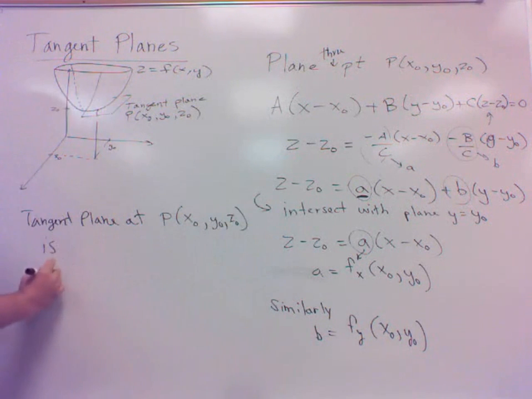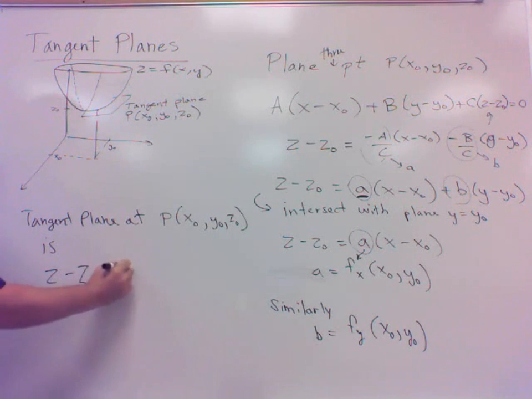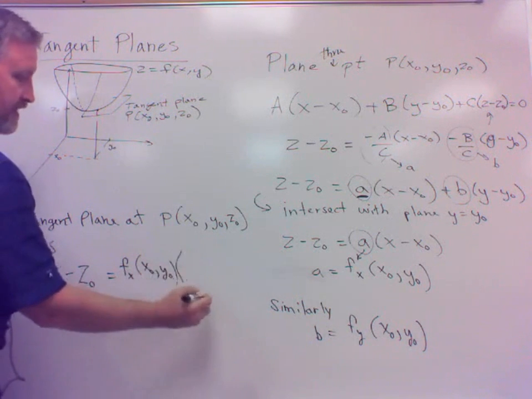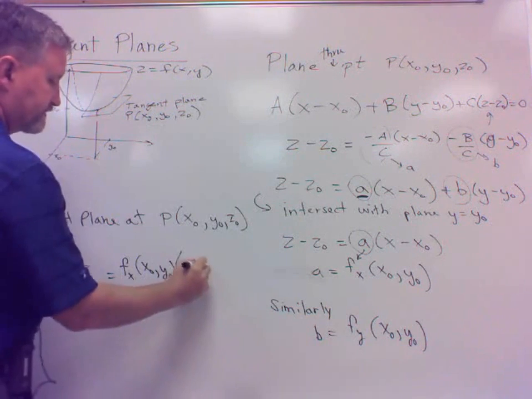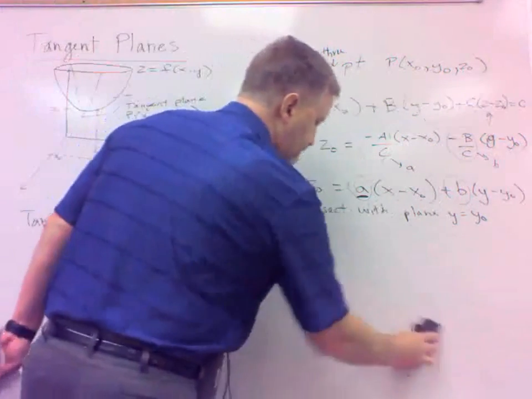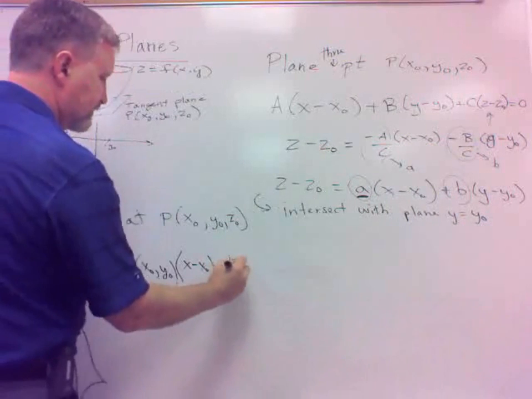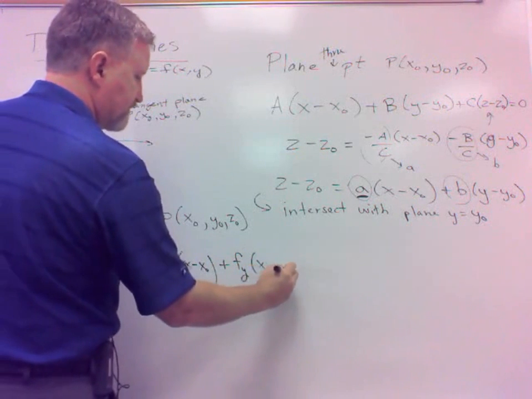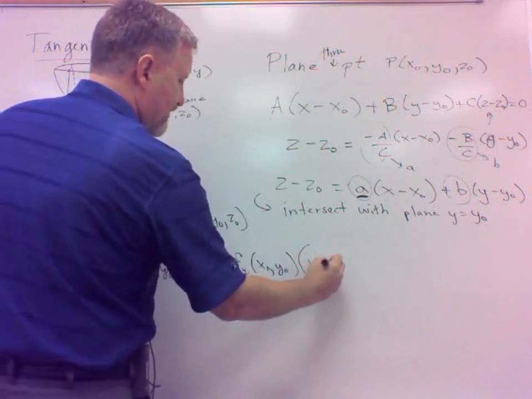is then given by z minus z0 equals the partial derivative of f with respect to x at x0, y0 times x minus x0, plus the partial derivative with respect to y at x0, y0 times y minus y0.